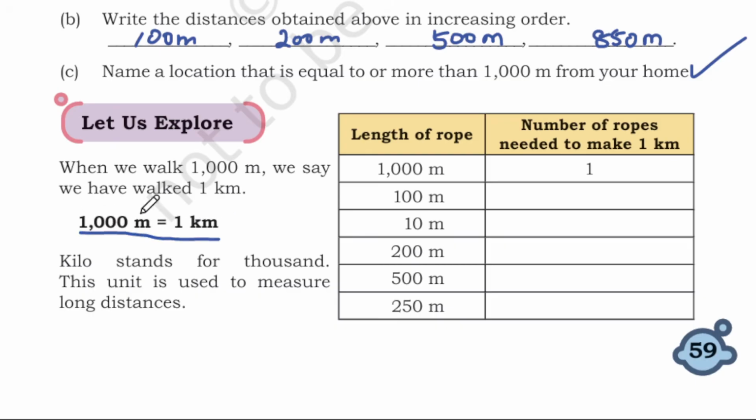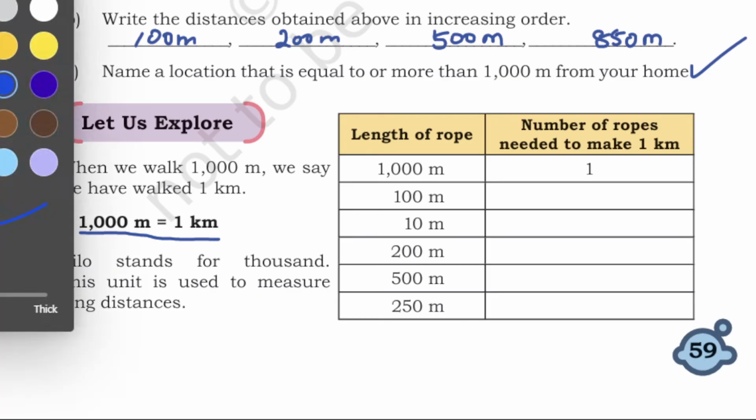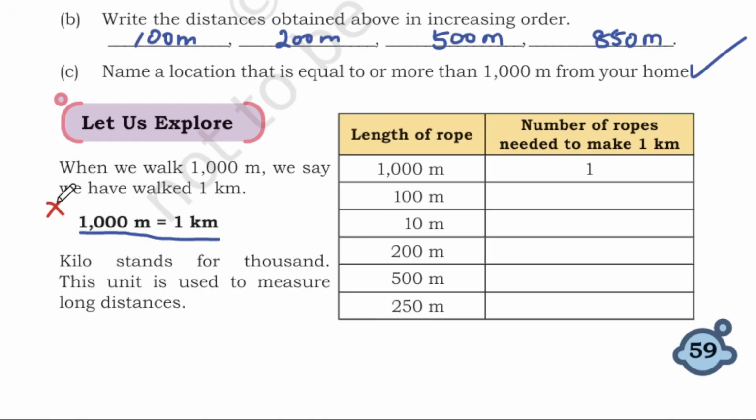So this one is very, very important, students. And this tabular column with examples is going to be the next important. So 1000 meters is equal to 1 kilometer.